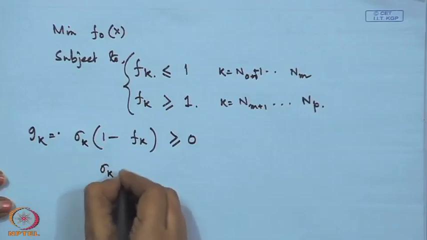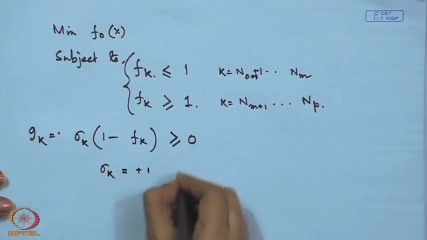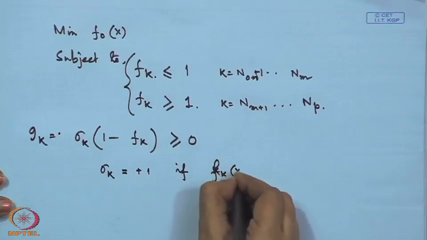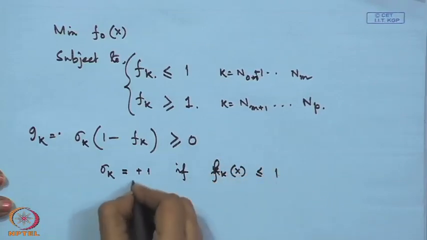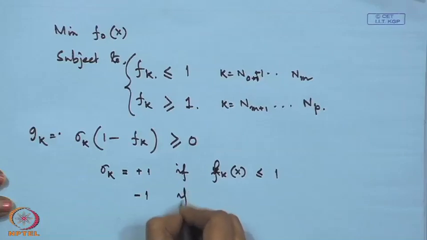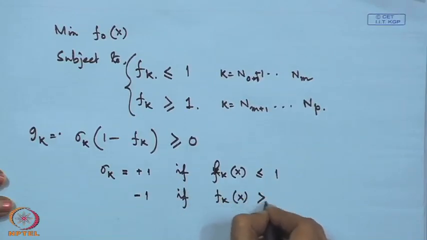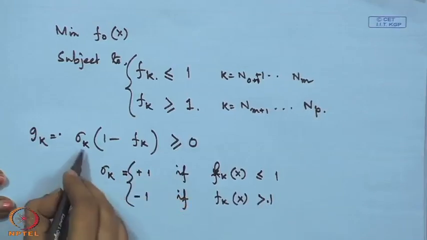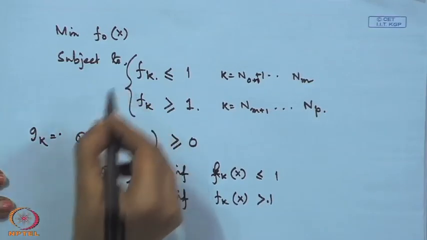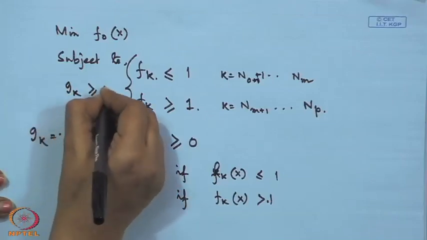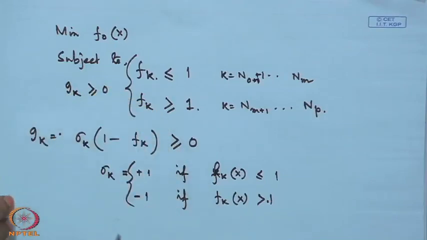Then sigma k is equal to plus 1 if fk(x) is less than or equal to 1, and minus 1 if fk(x) is greater than 1. Clear? With this signum function, we can write this set of constraints as gk greater than or equal to 0. This can be written very easily.